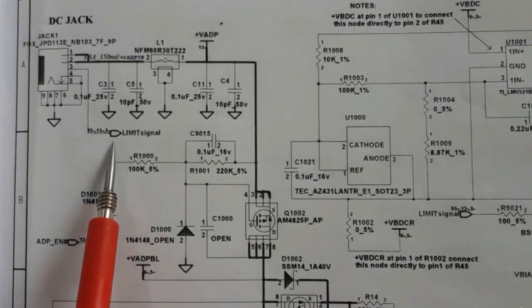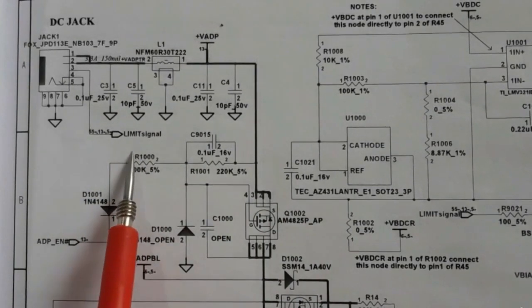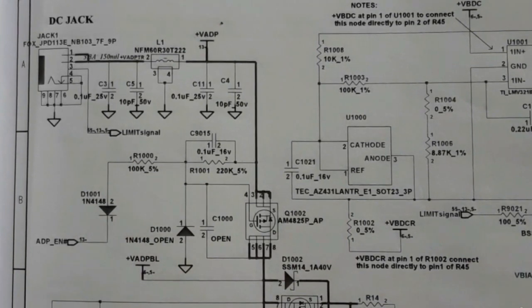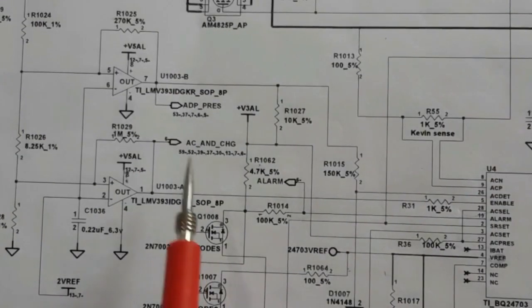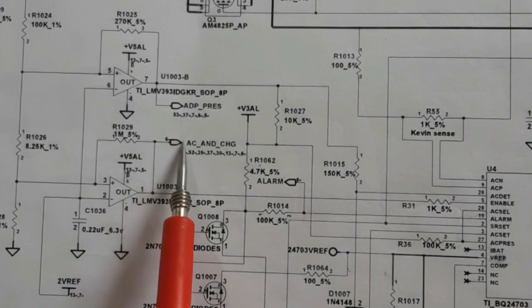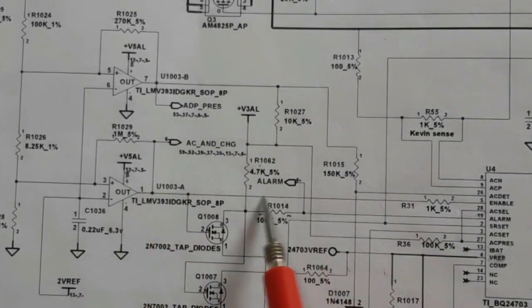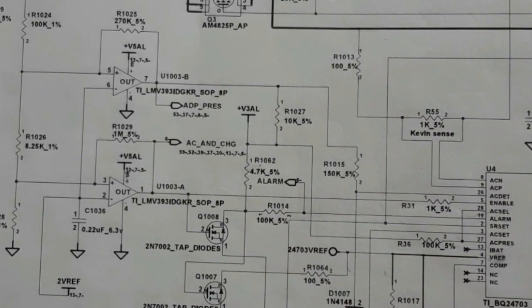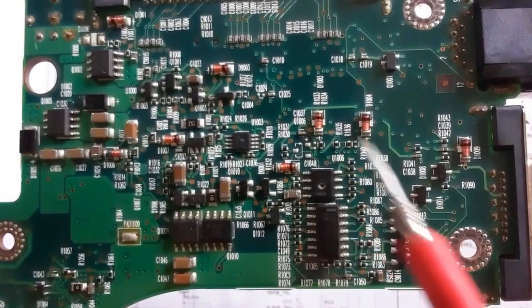This mark means a signal, and this arrow means the direction of the signal. You will find some arrows from left to right and others from right to left, meaning the direction of the signal from the IC to the control chip or from the control chip to the IC, etc.